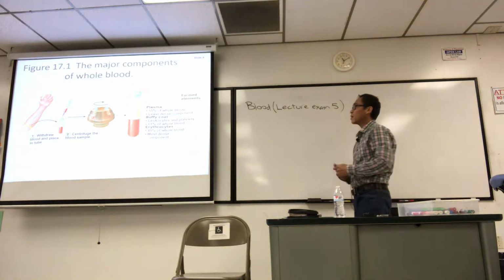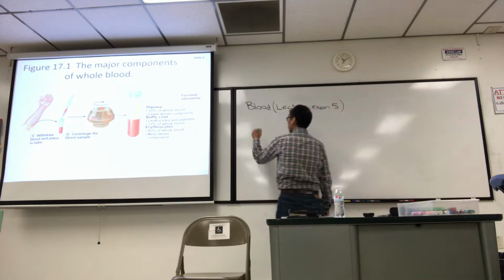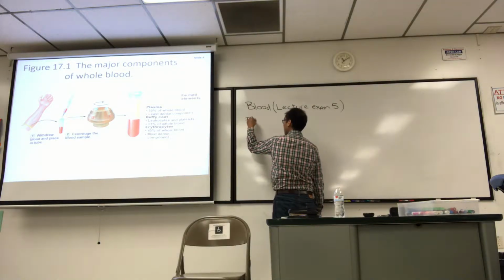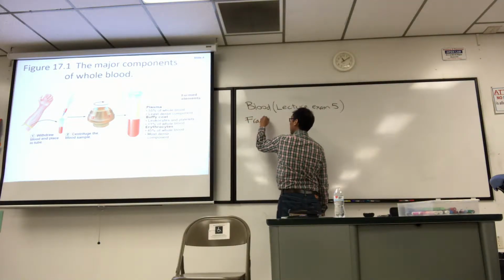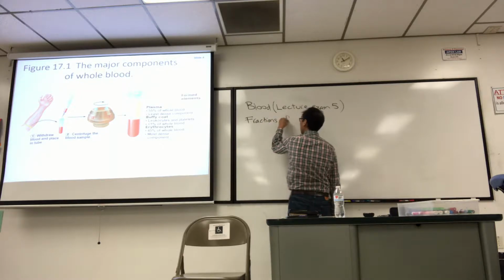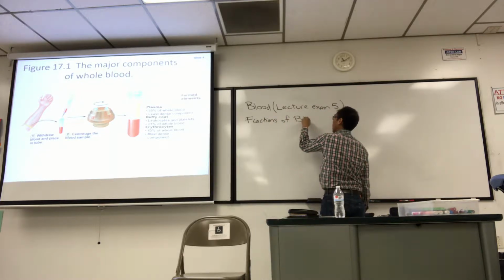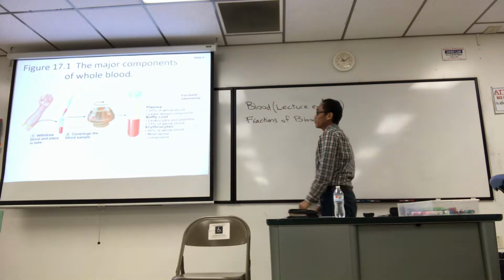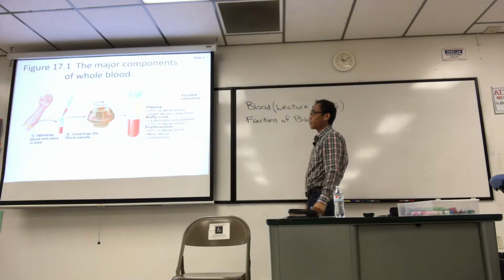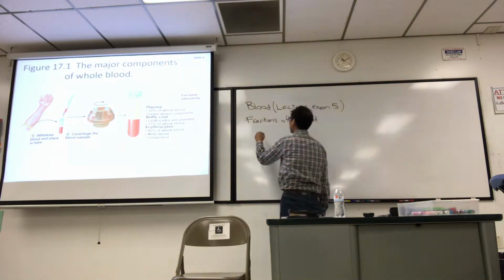And we can see the components or fractions of blood fractionated. And what we see on top is the liquid portion, the plasma.